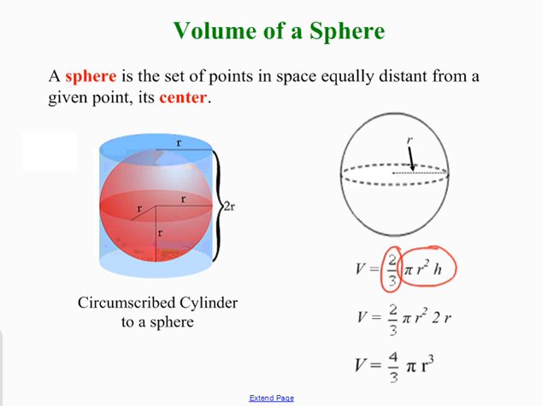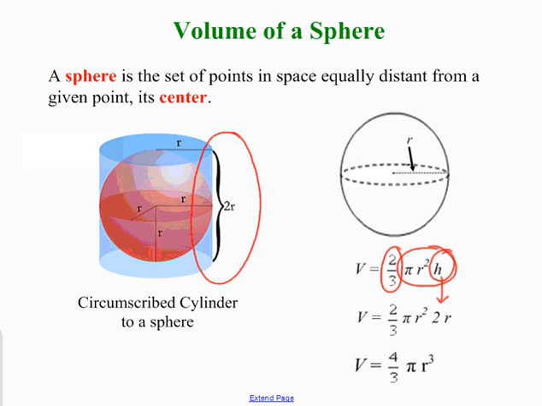The next thing we do is we simplify the height of the sphere. Looking back at the diagram on the left, notice that the height of the sphere is equal to 2 radii. So if you take the radius of the sphere and double it, you're getting the height of the cylinder. So what we do over here on the right is we change the height of the cylinder into 2 times the radius of the sphere.